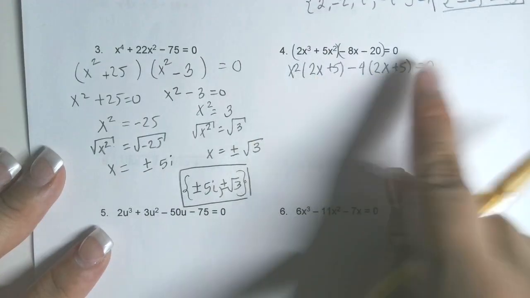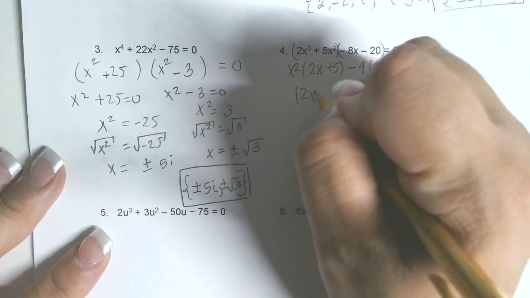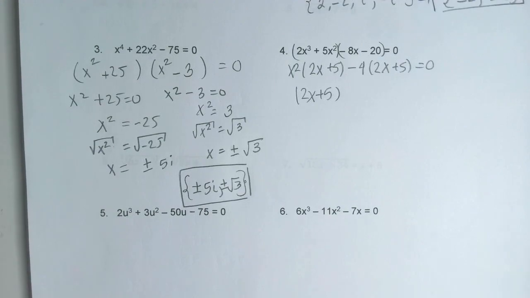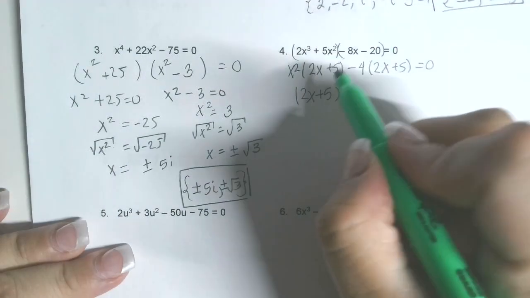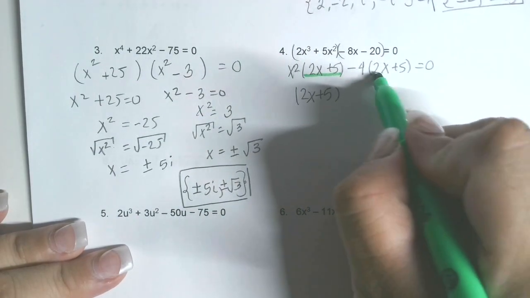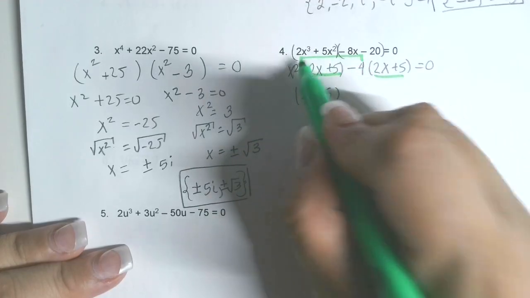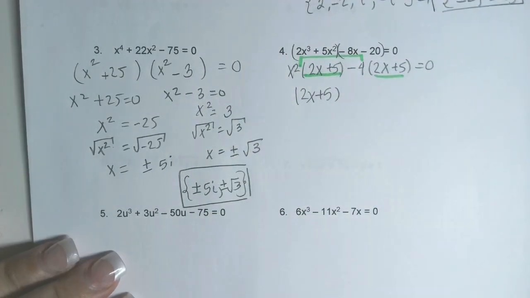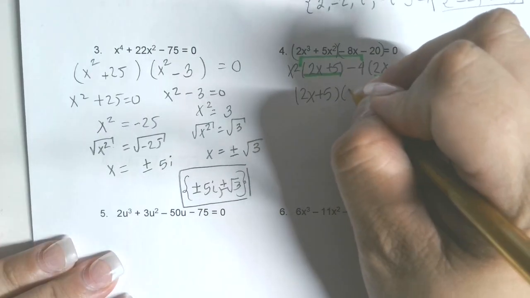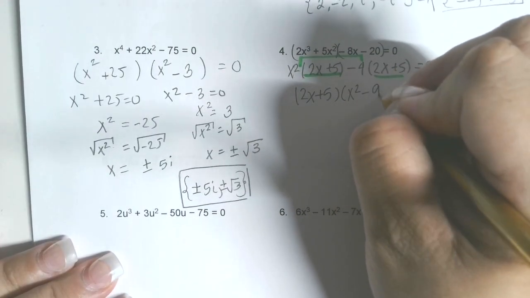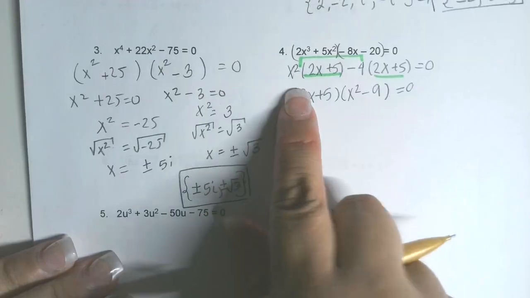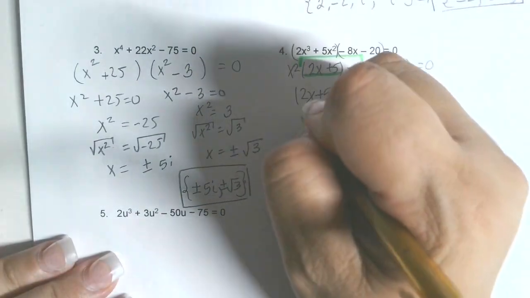So then we regroup. This is like a review at the end. Those two are going to go together, and then these two make a new group. 2x plus 5 is one factor group, and then the second one is x squared minus 9, and all that's equal to 0. And then we set each of those equal to 0, because we're still solving for x.